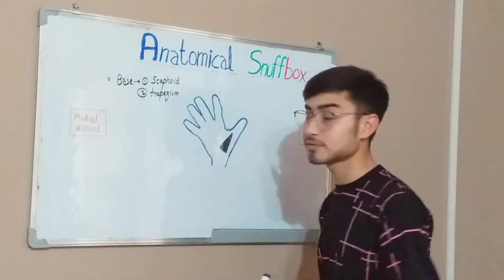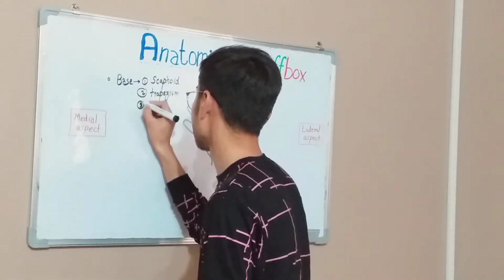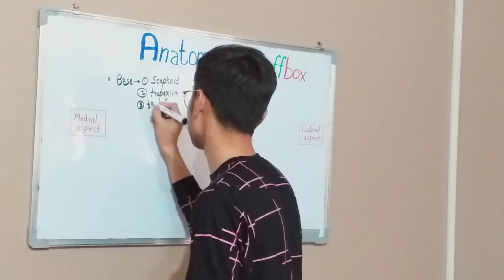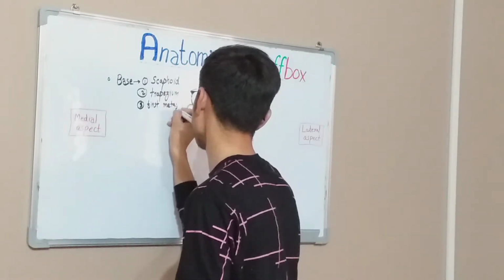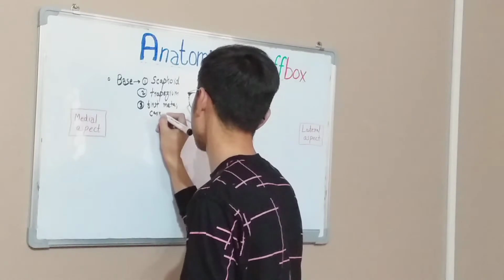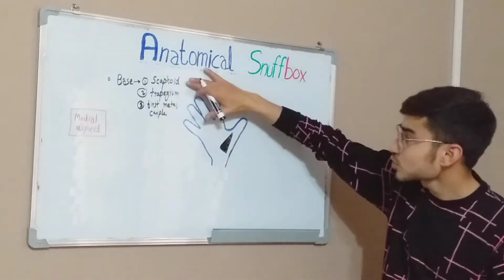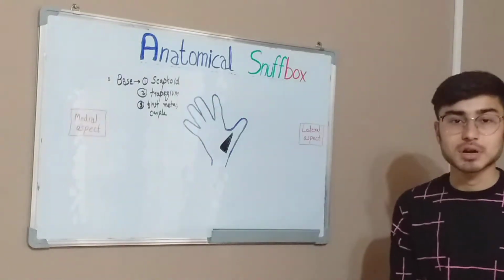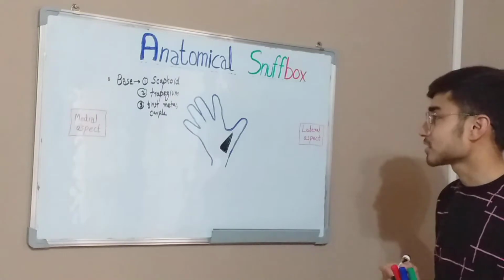And the third one, we have the first metacarpal, right? So the scaphoid, trapezium, and the first metacarpal are forming the base of the anatomical snuff box.